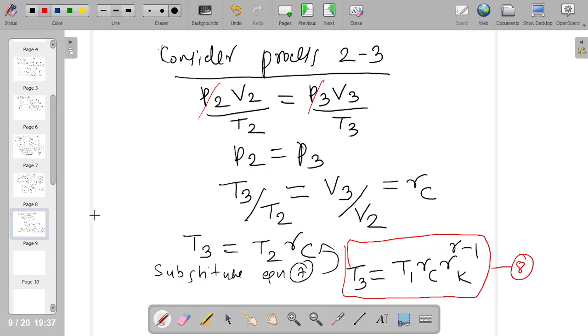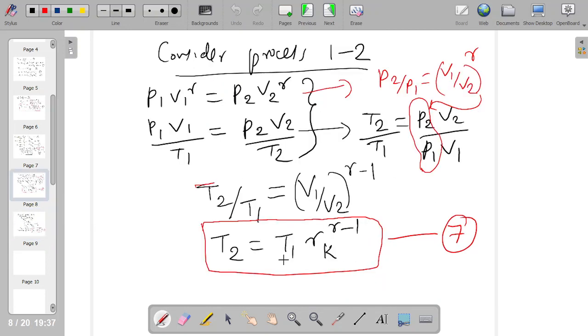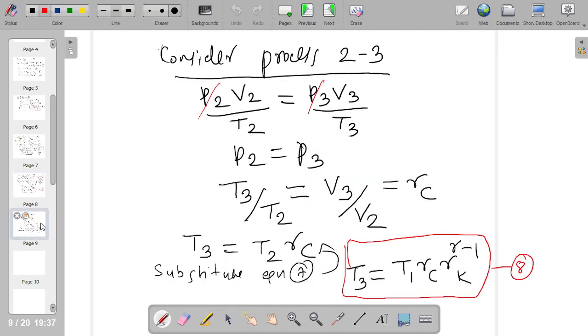So we have expressed T2 in terms of T1, that is T2 is equal to T1 Rk raised to gamma minus 1. We have expressed T3 in terms of T1, that is T3 is equal to T1 Rc Rk raised to gamma minus 1.